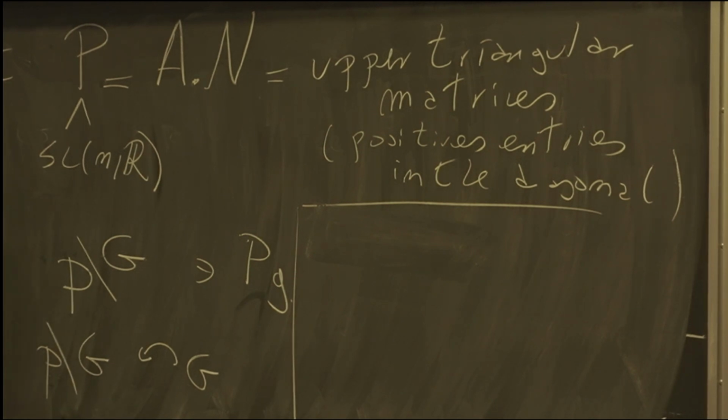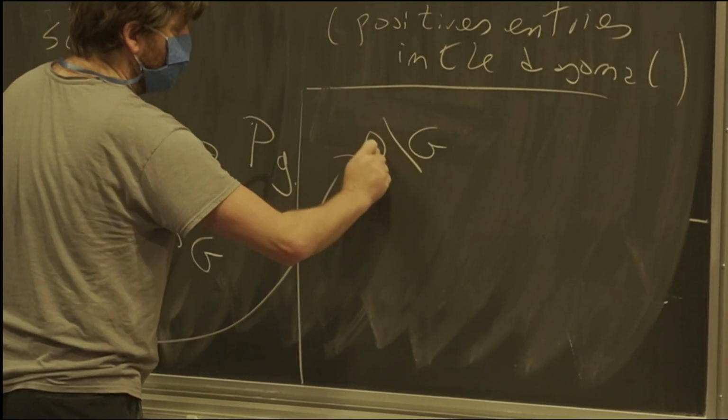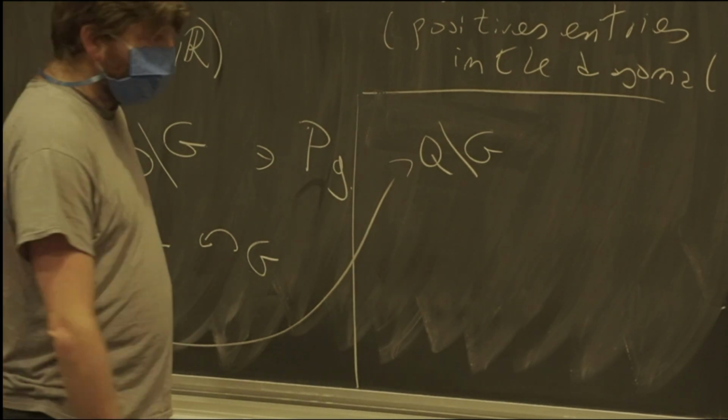So if I have any other Q that contains P as a subgroup, then I can also do this quotient G mod Q, and I still have G acting on the right.